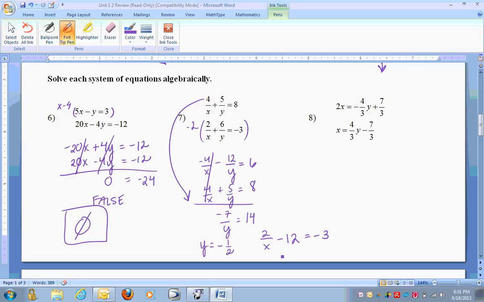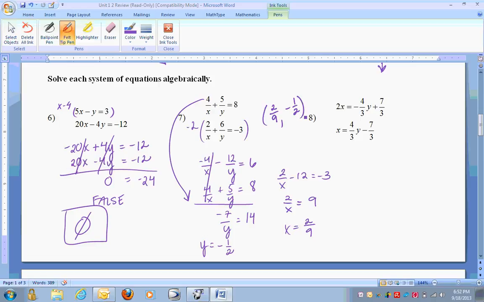So now when I move that 12 over, add 12 to both sides, I end up with 2 over x equals positive 9. Then you can cross multiply and you get x equals 2 over 9. So my ordered pair, my solution to this system of equations, my x value is 2 over 9 and my y value is negative 1/2.